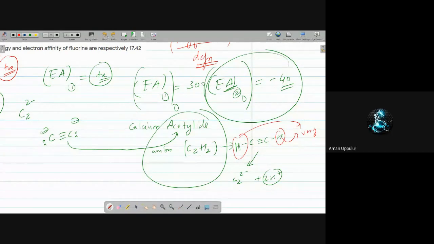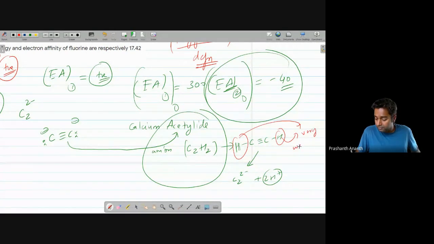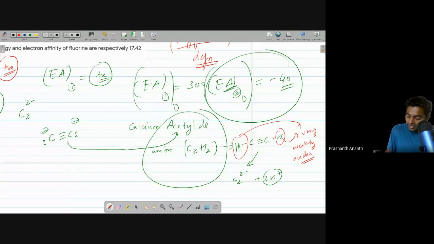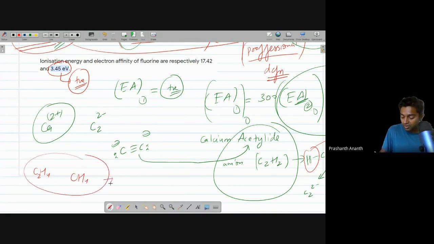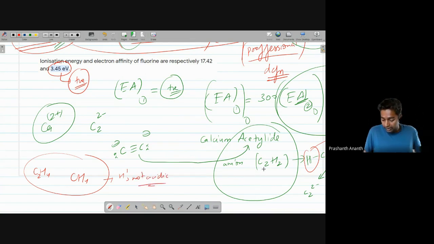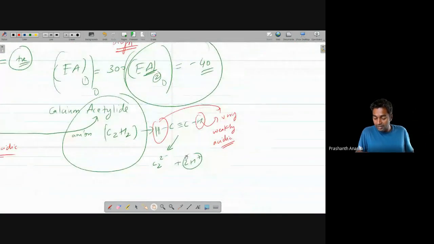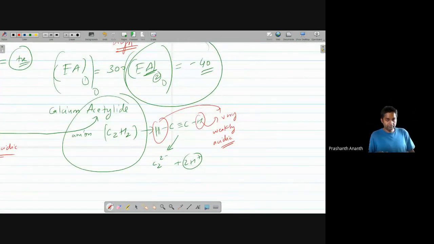Yeah, got it, sir. Why are they acidic? Why do you think they are acidic? These guys are acidic, but C2H4 and CH4, these hydrogens are not acidic. Why is it that this guy's hydrogen is very weakly acidic? Why do you think?